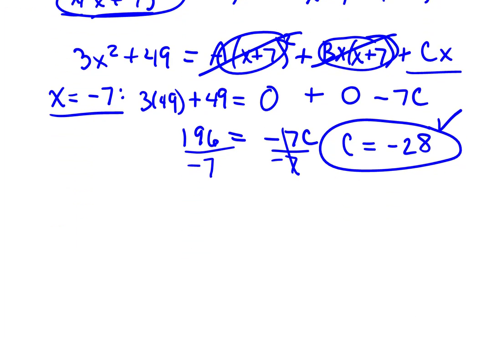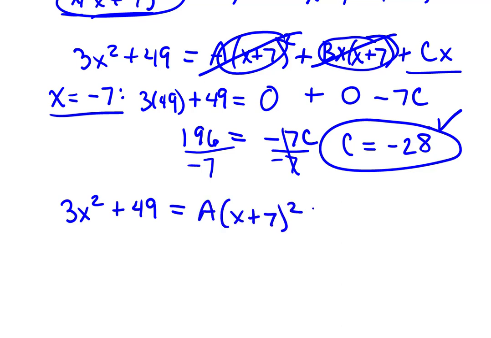Let's go ahead and recopy our cleared fraction equation. You may recall we did this in the first case as well, because we want to try to do another step like we just did to solve for some of the other variables. So now we'll say 3x squared plus 49 equals a times x plus 7 squared plus bx times x plus 7.